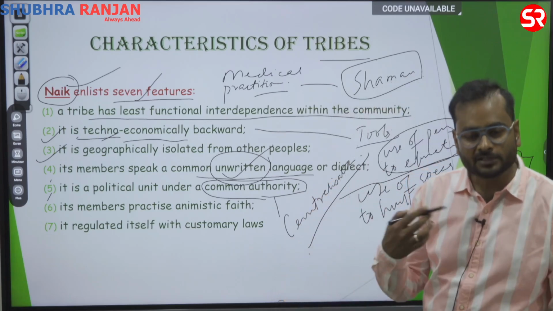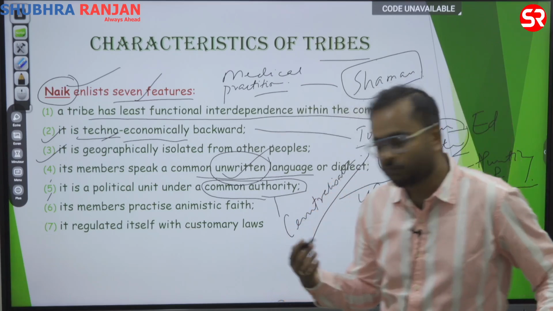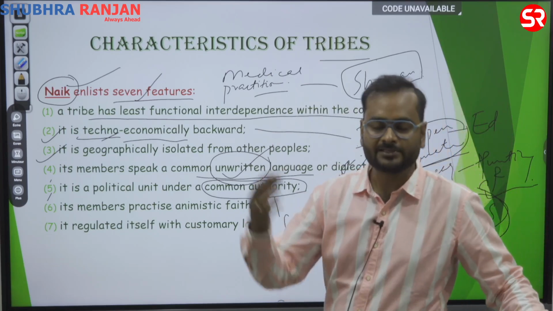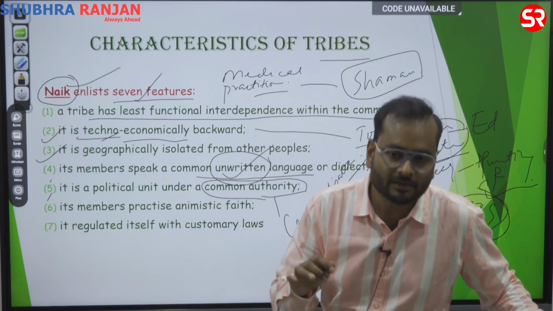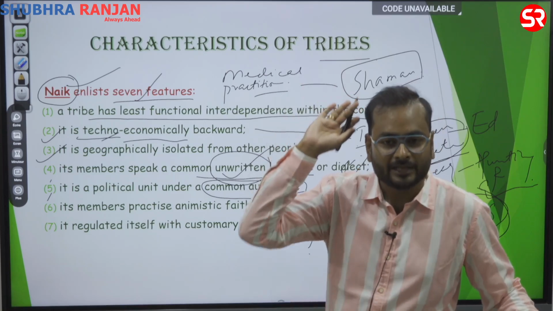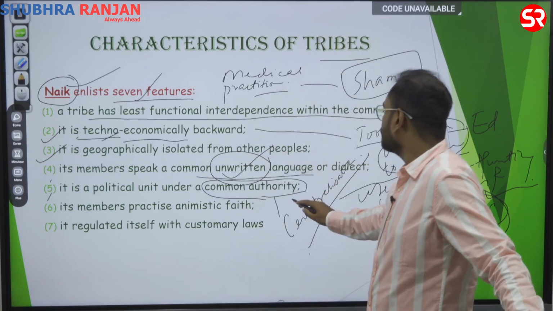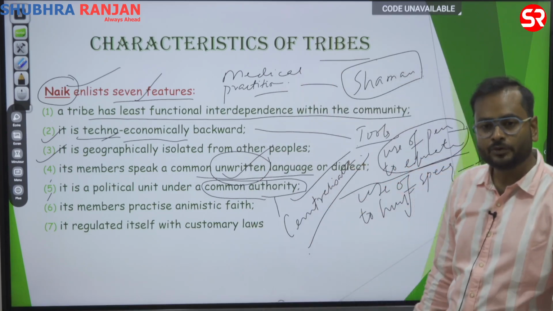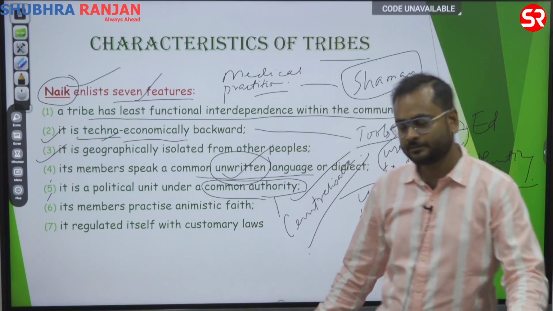So when the tribes in the ancient past were not under a centralized authority, then there can be so much difference and ambiguity in this point, isn't it?